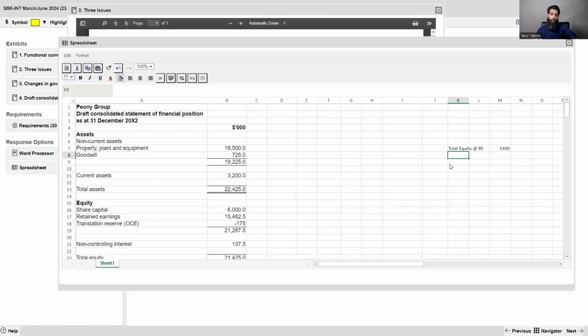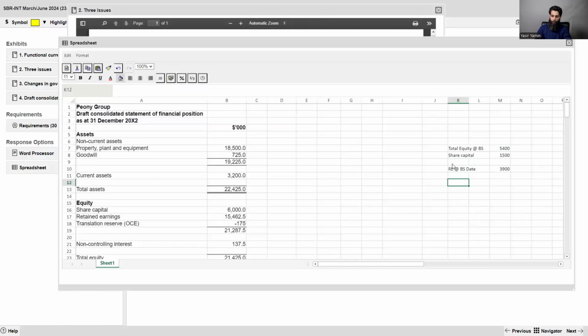4.8 million less 900,000, one way. Or the other way is that you know the amount of share capital, right? So share capital was 1500. Remember? So the retained earnings at balance sheet date would have been 5400 minus 1500. That comes to 3900.